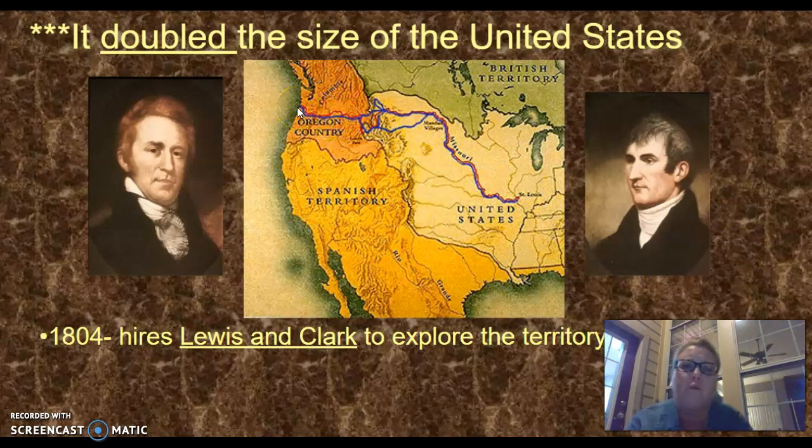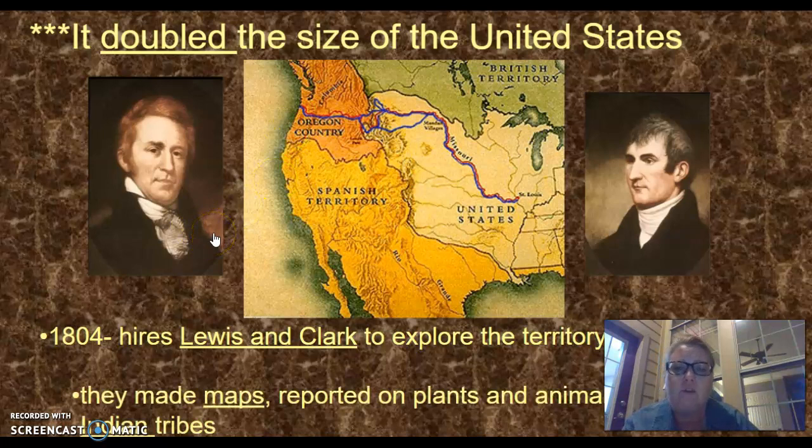One thing they were looking for, too, was an all-water route to the Pacific. This is something that people had been looking for the last century, trying to get through from the Atlantic to the Pacific Ocean. Unfortunately, they did not find it, but along the way, they made maps, reported on plants, animals, and Indian tribes. It was one of the most successful expeditions in history.